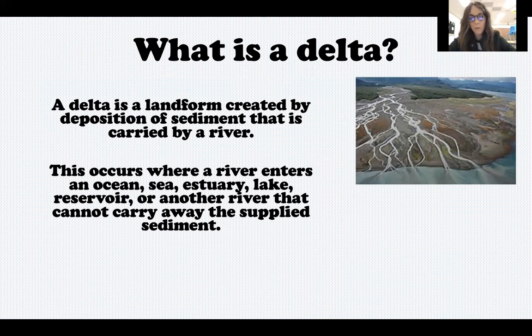So remember when we were talking about the canyons, I told you how the river is picking up and carrying the sediment and moving it along with it. Eventually, the river is going to get to a place where that's going to stop. Maybe the water isn't flowing fast enough. It's not deep enough to continue to carry the sediment, so the river is going to drop off or deposit the sediment.